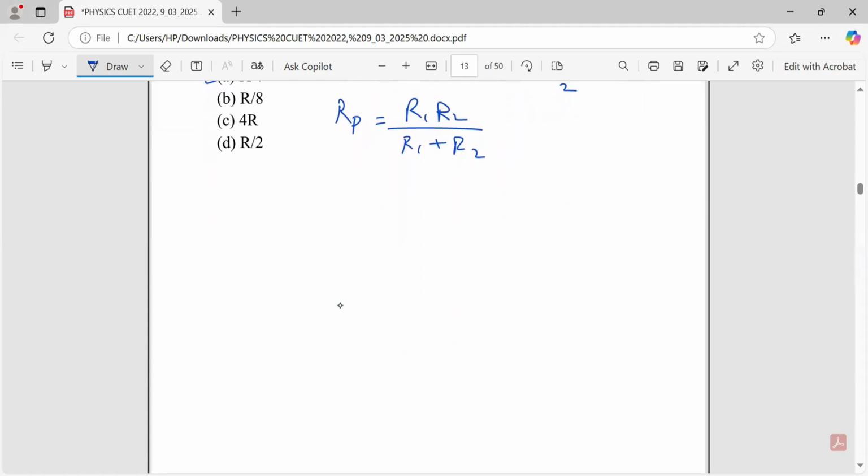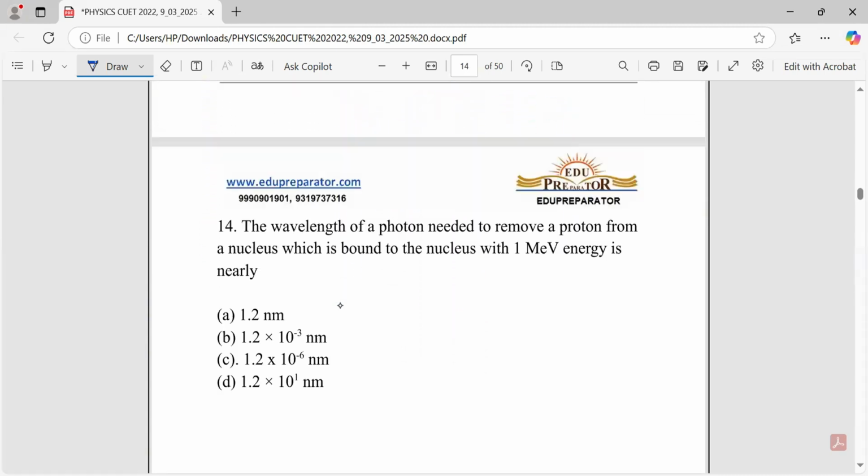Now let us move further with question number 14. He says the electron has 1 million electron volt energy. 10^6 electron volt energy is present. We have the formula lambda is equal to 1240 upon energy, right?